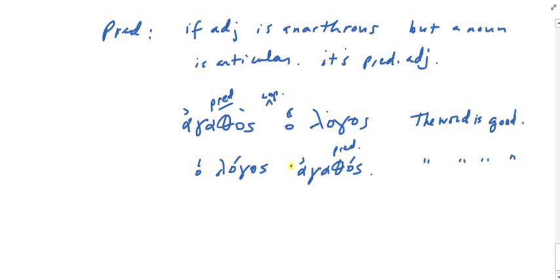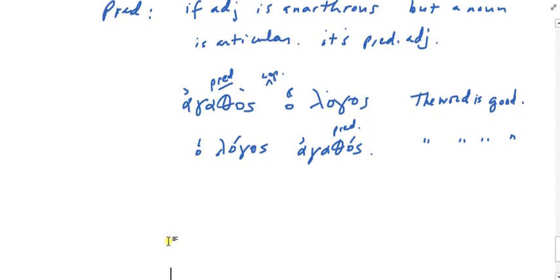All right. Now, we have one problem area here, and that's this. And again, this is only a problem if the copula is missing, if the verb to be, eimi, is gone. There's other verbs that function as copulas, ginomai, which some of you may know. That'll function the same way as eimi, but when there's no copula explicit, this is where we have the problem, okay?